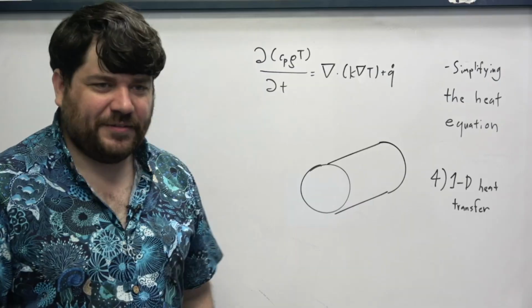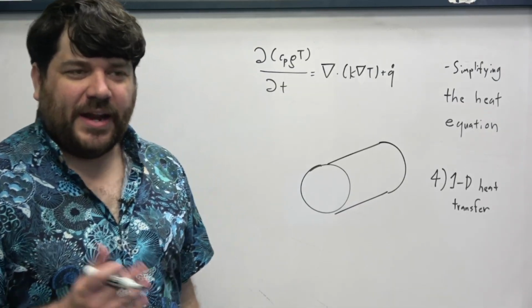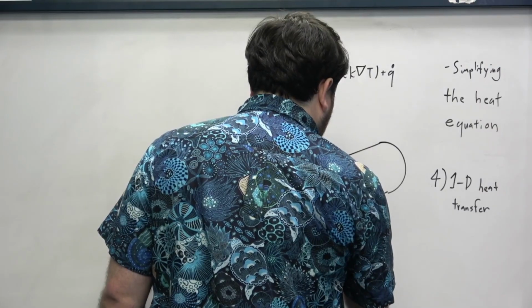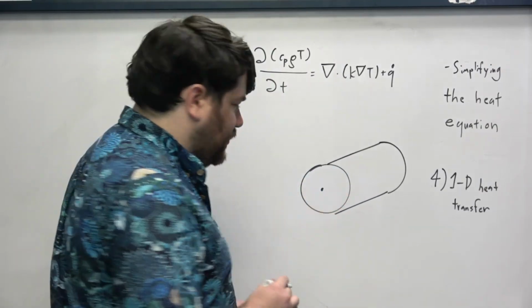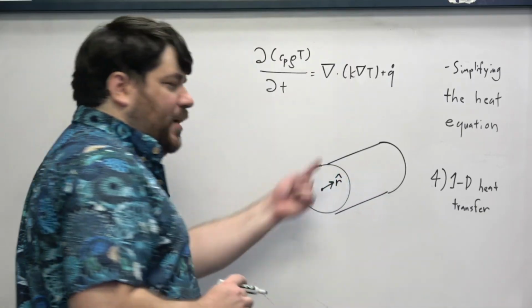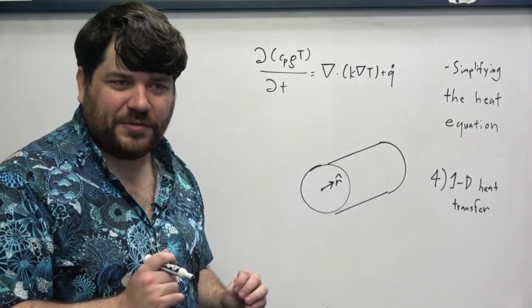But suppose that I have a cylinder, and I want to construct a coordinate system such that the only direction in which heat transfer is occurring is outwards, okay? Radially outwards.